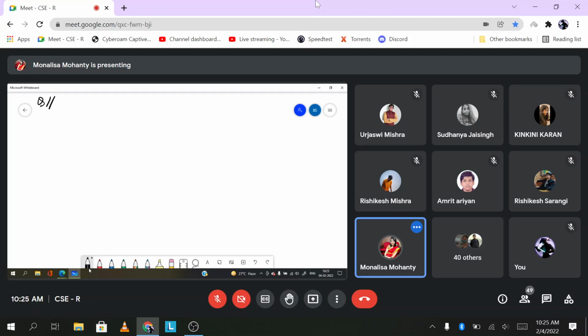Write down the next question. Implement the following Boolean function using an 8 cross 1 multiplexer, considering D as the input and ABC as the selection lines.